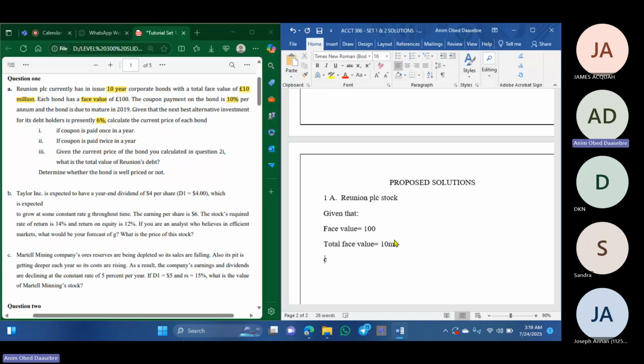And also we have the coupon rate, which is equal to 10%.